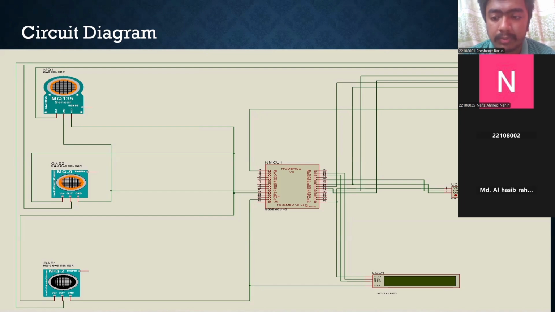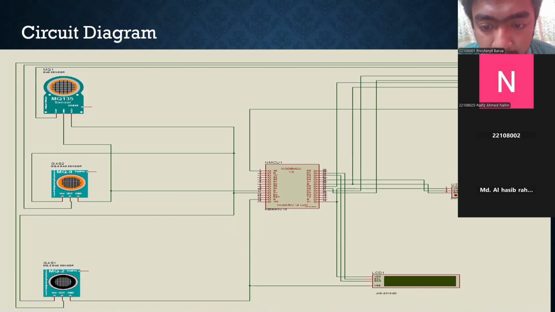pins. These are digital pins, and we see there is a DHT sensor which measures both temperature and humidity. The VDD pin is connected to the 3-volt pin of NodeMCU, and the ground is connected to the NodeMCU ground point, and the data pin is a digital pin.